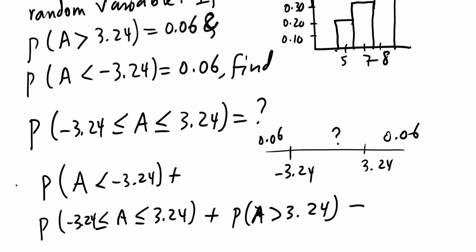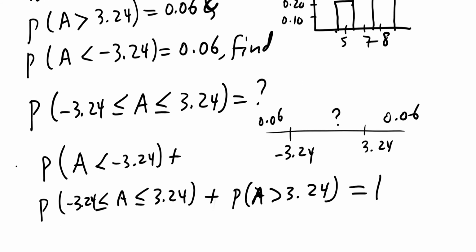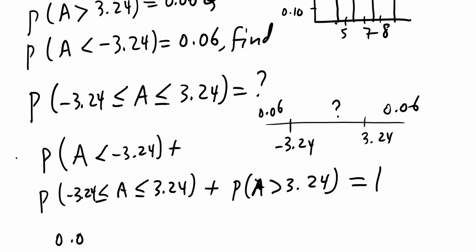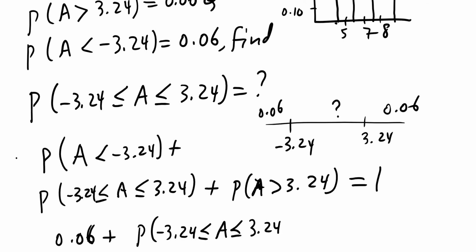All these must add up to 1. They must add up to 1. So the first one is 0.06, and we are interested in finding the second one, plus this one here, also given as 0.06, equals 1.